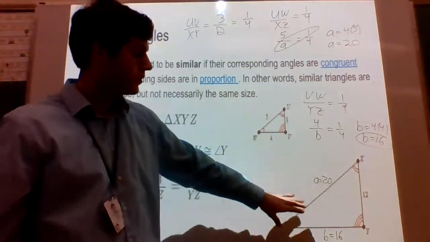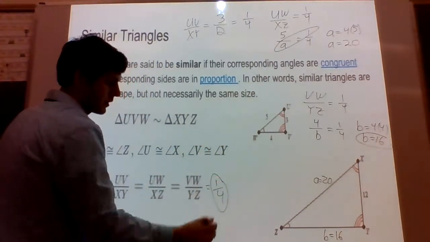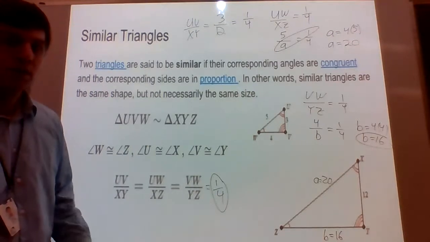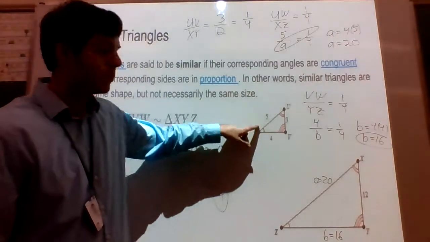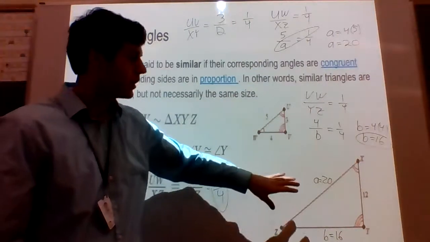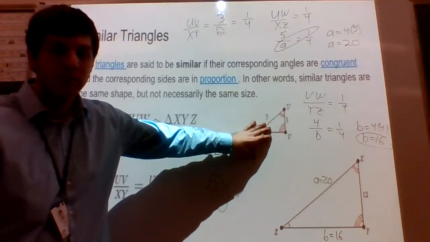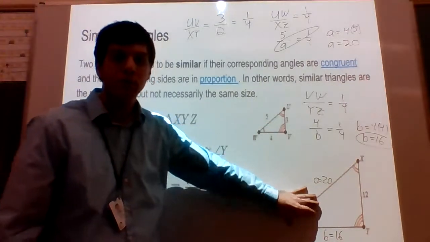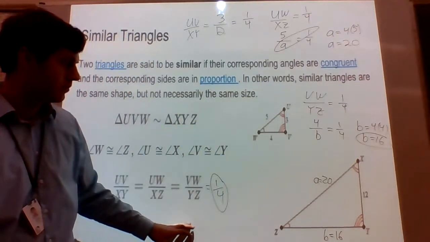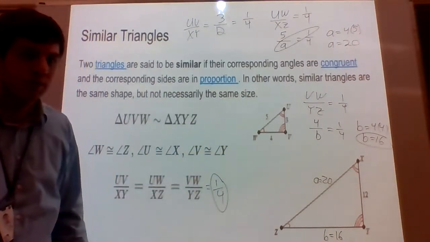So the large triangle is 4 times bigger, and here's our ratio, which was 1/4. So this small triangle is 1/4 of the size of this triangle. This triangle is 4 times bigger than the small triangle, right? The big triangle is 4 times larger. The smaller one's 1/4 the size of the larger one.